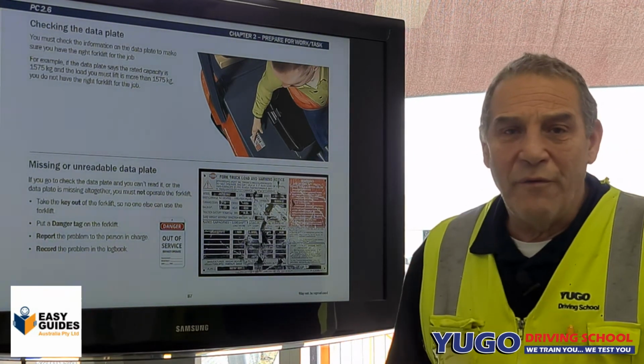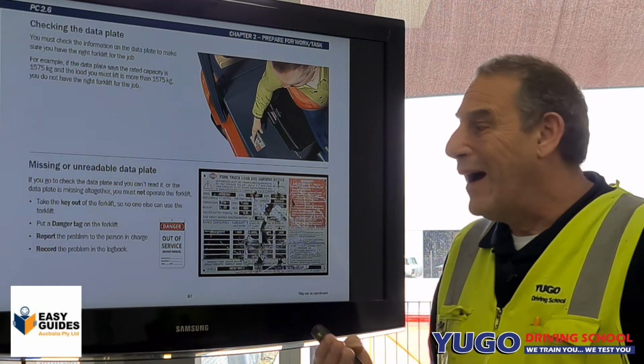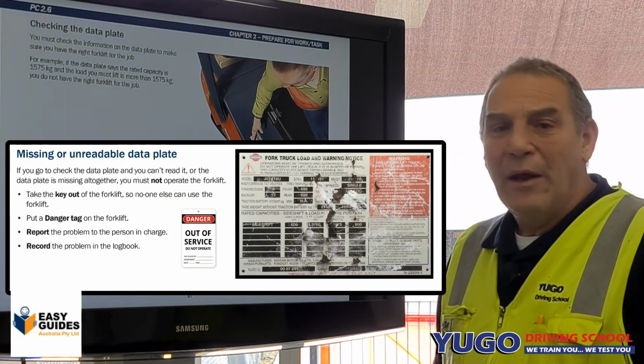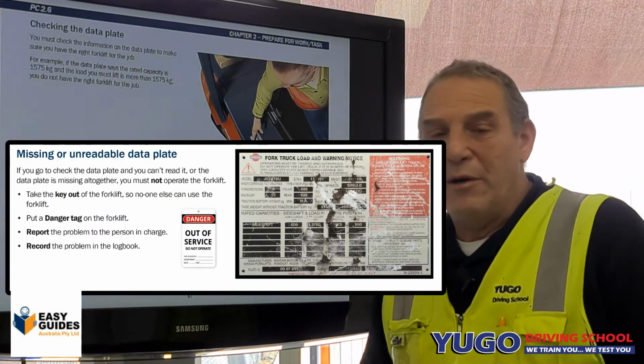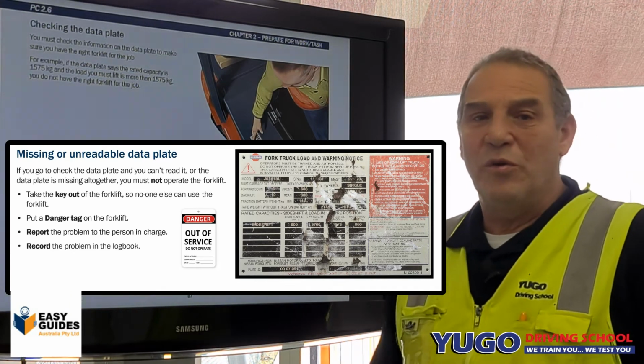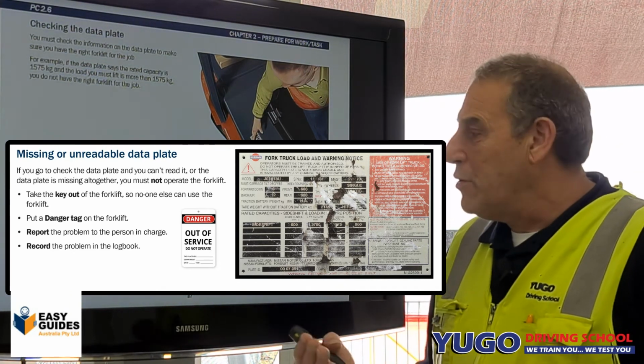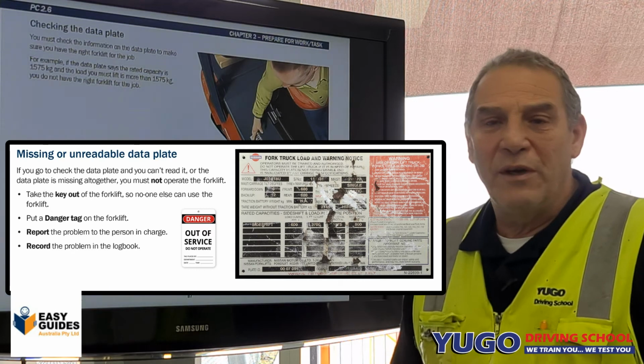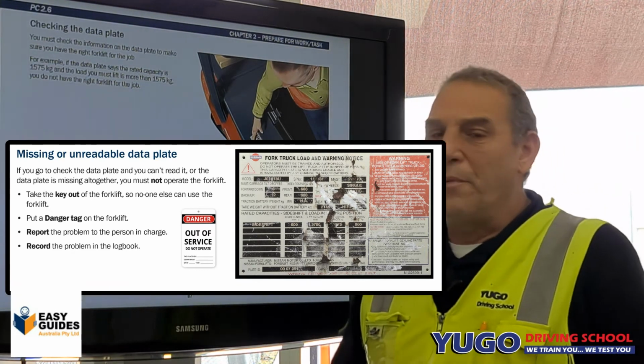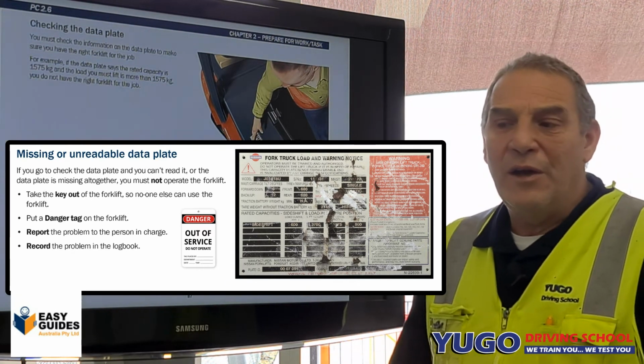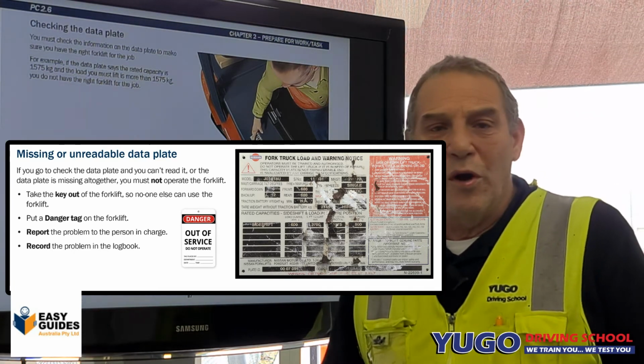You're not allowed to drive a forklift without a data plate or an unreadable data plate. If you find your data plate's unreadable, or your forklift's missing its data plate, you tag it out of service, remove the key, you report the problem to your supervisor, and you write the problem in your logbook.